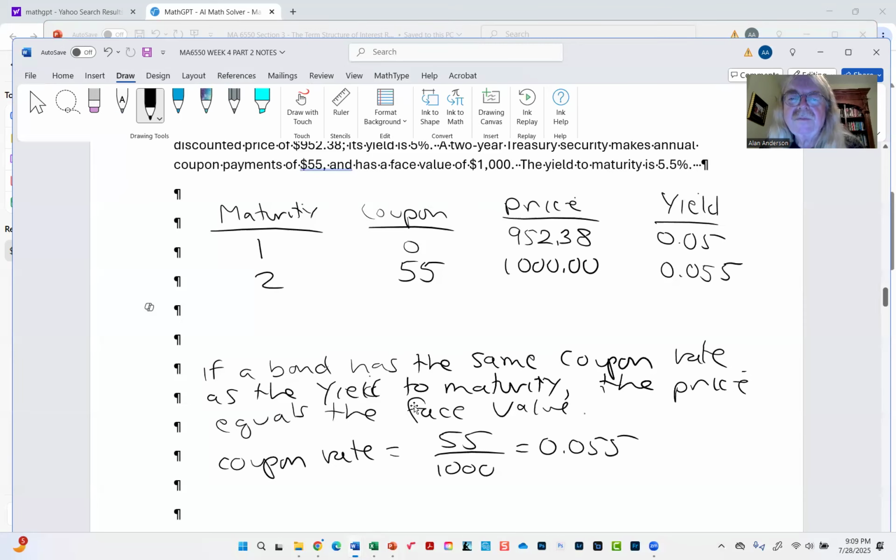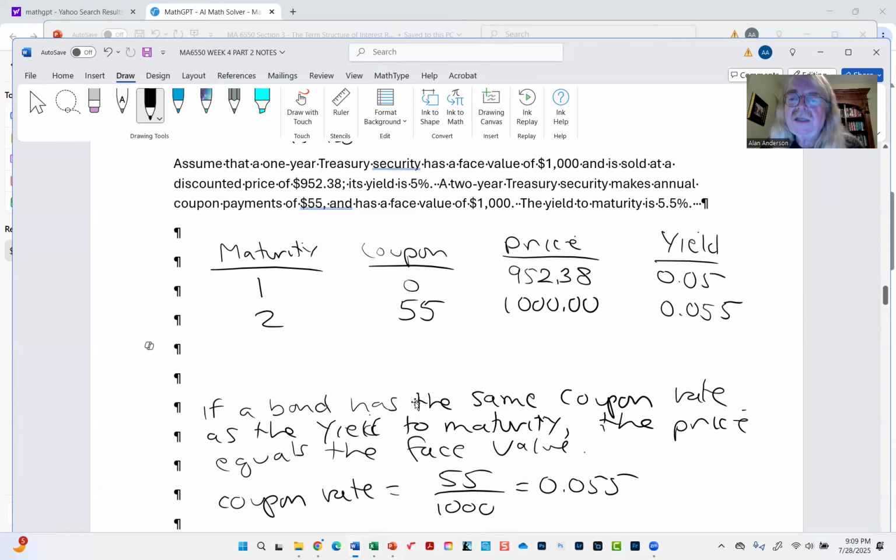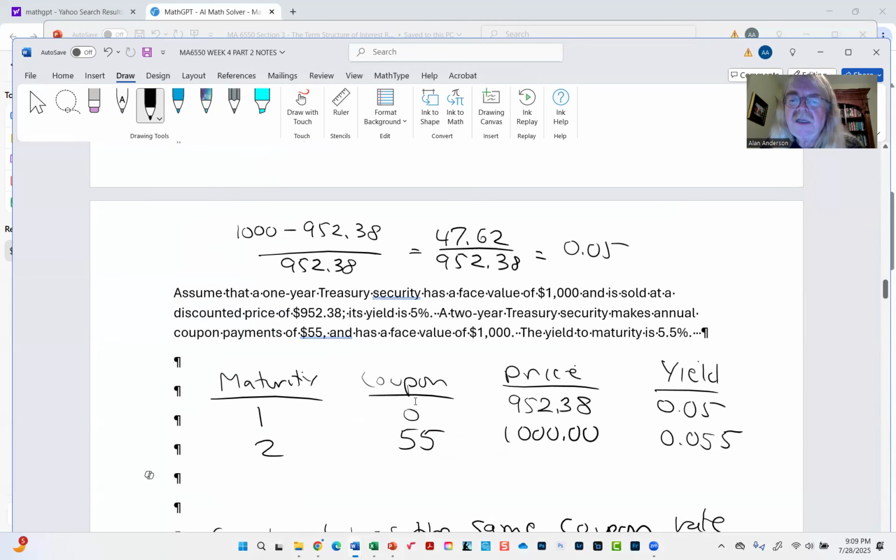Now, what do we do with this information? Well, in the first year, we already know that, because this is a zero coupon bond, in the 1 year maturity, the yield and the spot rate are the same.